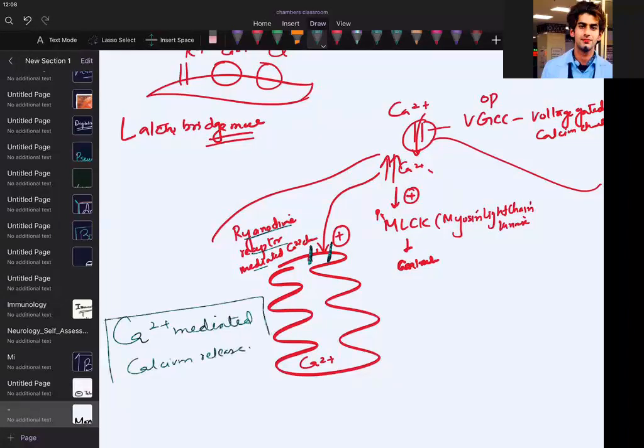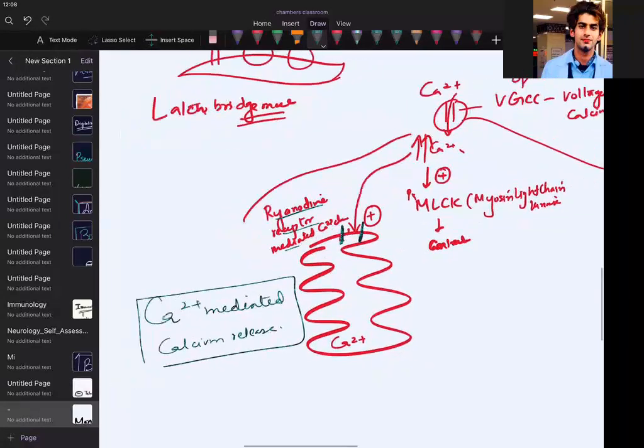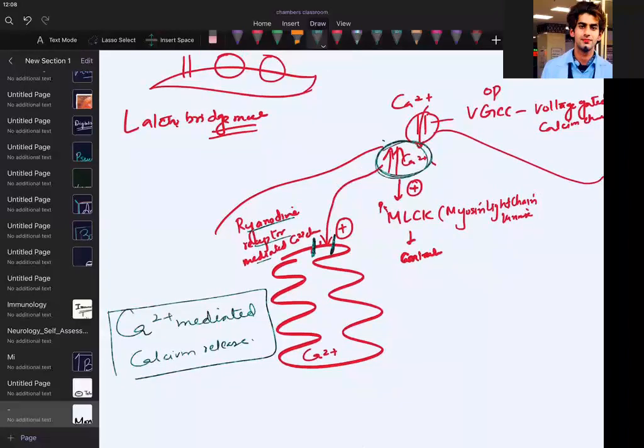This is called calcium mediated calcium release. Why? Because you brought calcium from outside and this is stimulating these channels to release more calcium. This is further dispersing the calcium, opening the gates, and now you are increasing the calcium again.